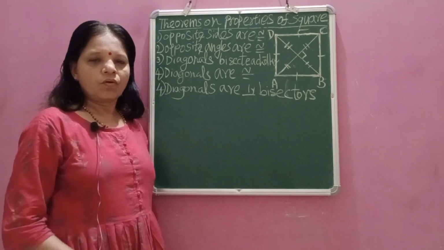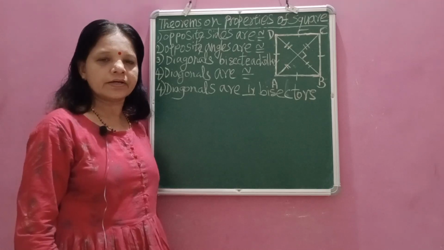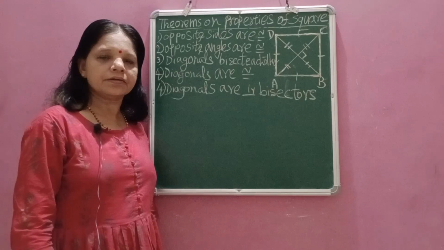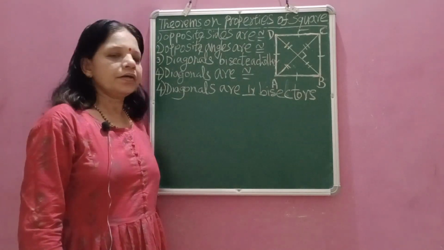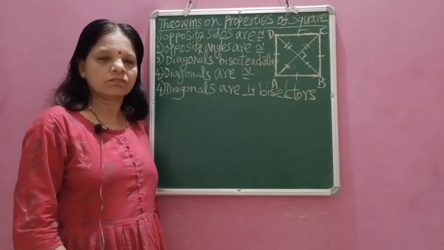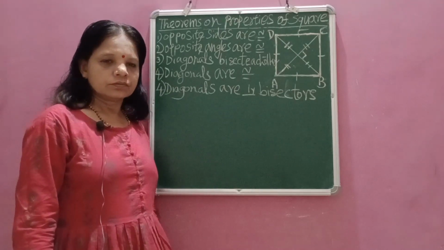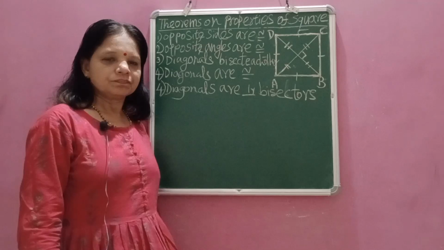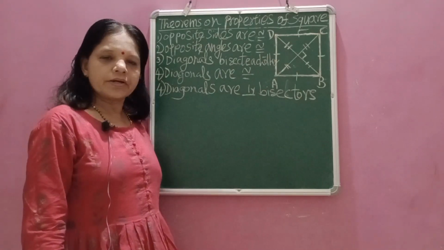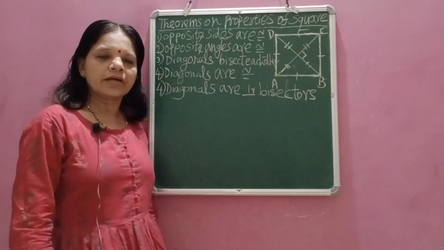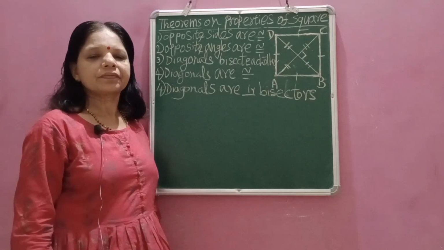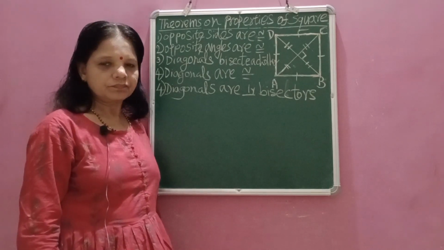That is, opposite sides are congruent, opposite angles are congruent, then diagonals bisect each other and their converses also. Also, square is a rectangle because all the angles are 90 degrees.